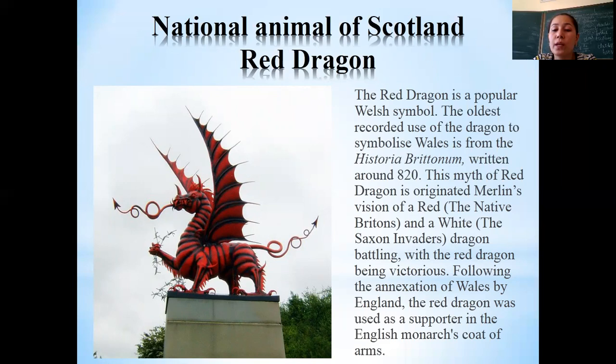This myth of the red dragon originated from Merlin's vision of a red and a white dragon battling, with the red dragon being victorious. Following the annexation of Wales by England, the red dragon was used as a supporter in the English monarch's coat of arms.